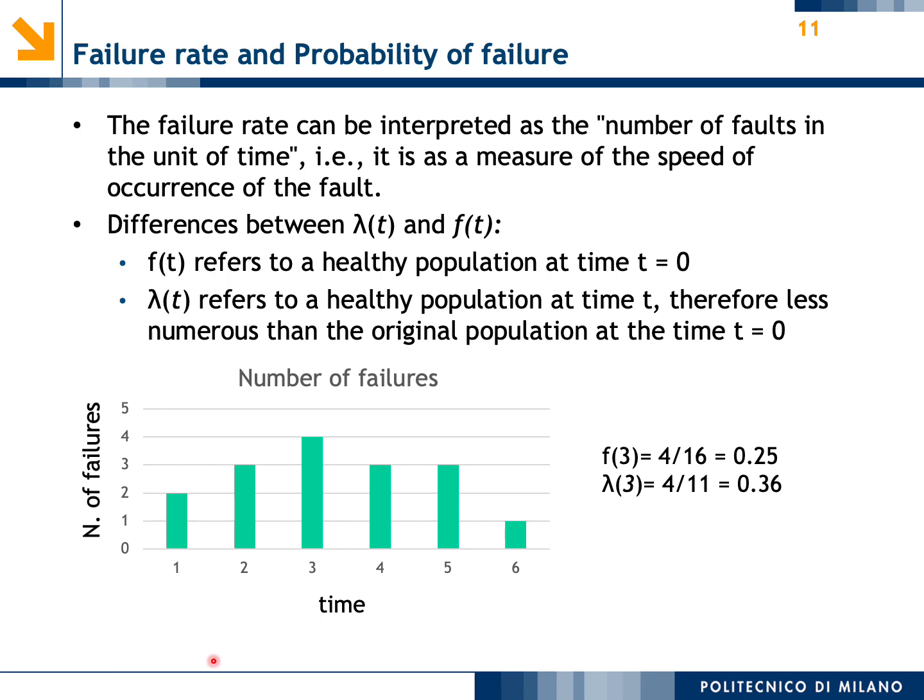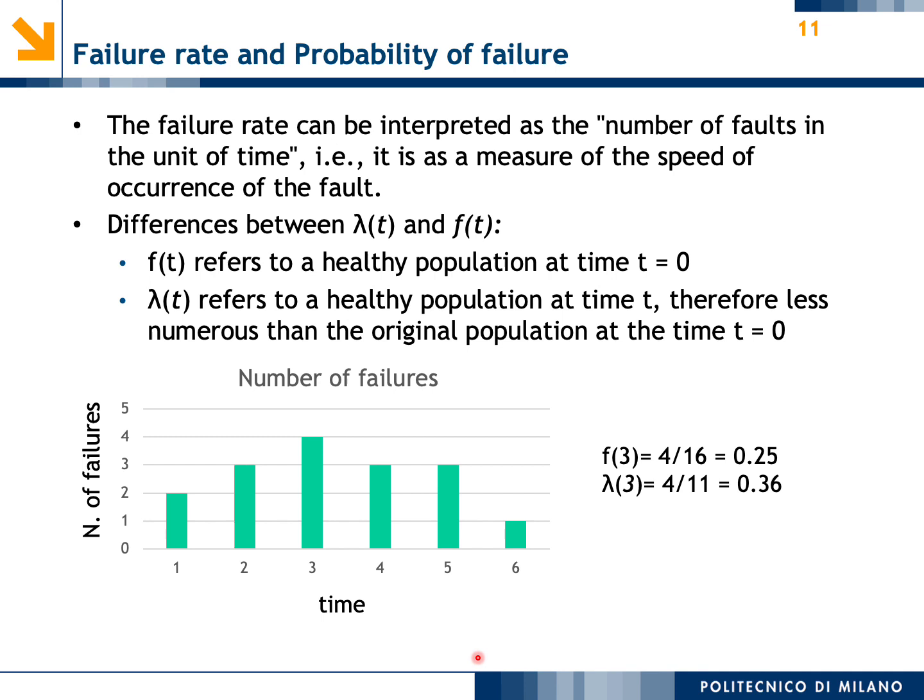So here we have an example. We have n components, actually 16 components: 1, 2, 3, 4, 5, 6, 7, 8, 9, 10, 11, 12, 13, 14, 15, 16. Yes, 16 components. And here there are 6 moments in time, 6 intervals. The length of the bar represents how many of those components failed in a certain moment.